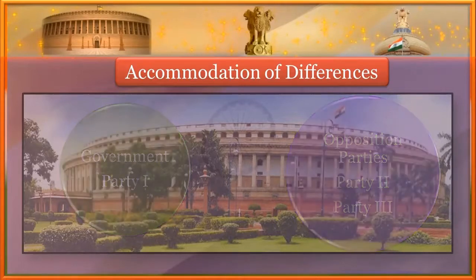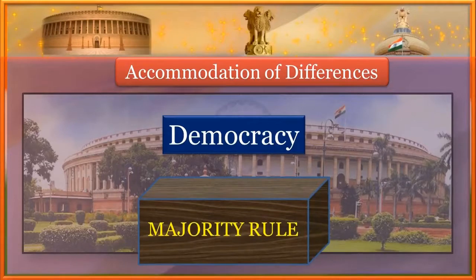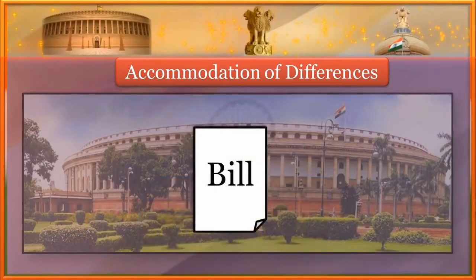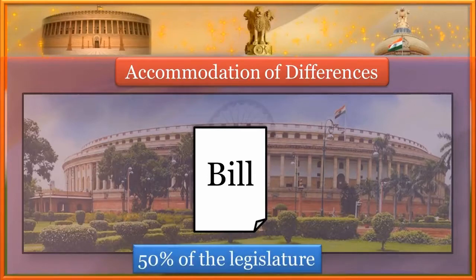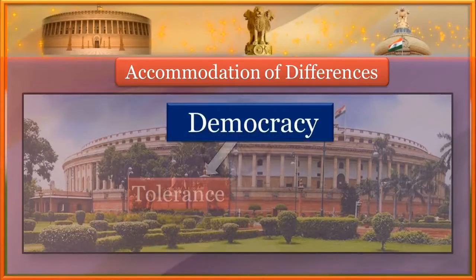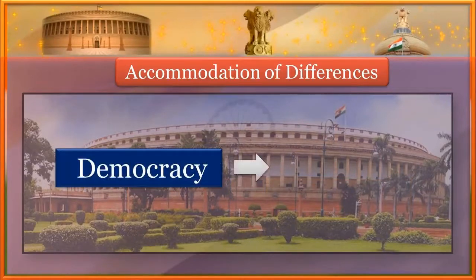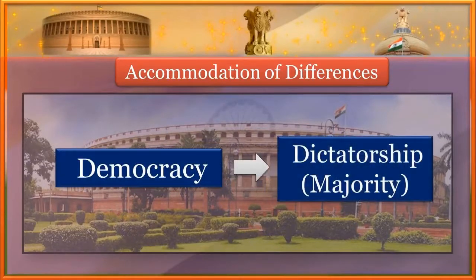No doubt, democracy is based on majority rule. If any bill is to be passed, it must get the support of more than 50% of the legislature. Otherwise, it cannot be passed. But democracy is based on tolerance and accommodation. Otherwise, it will become a majority dictatorship.